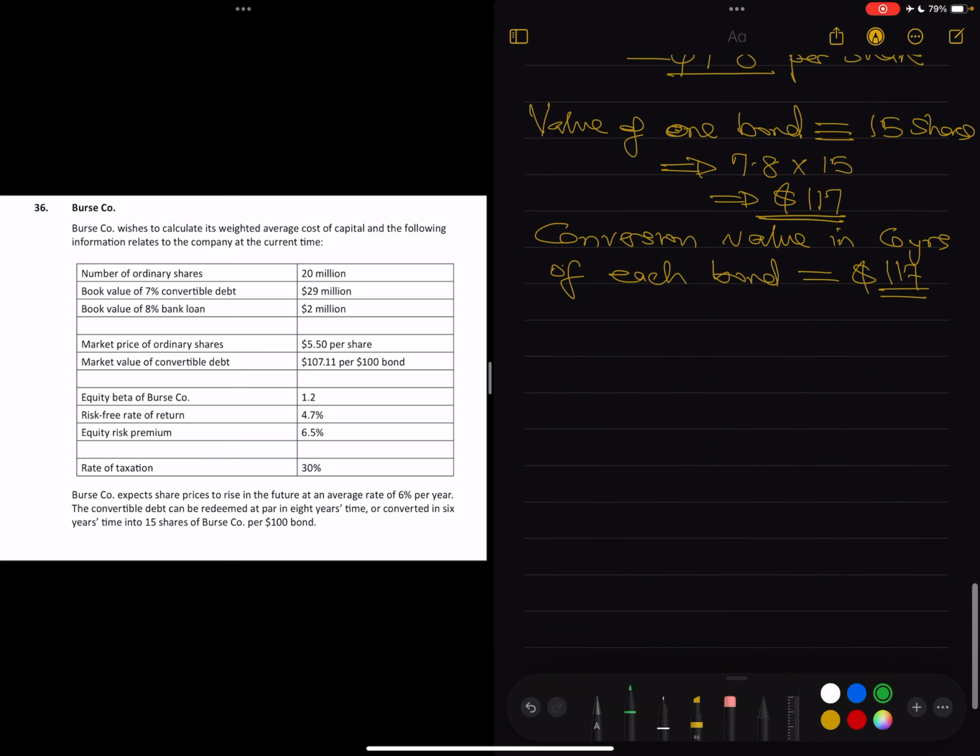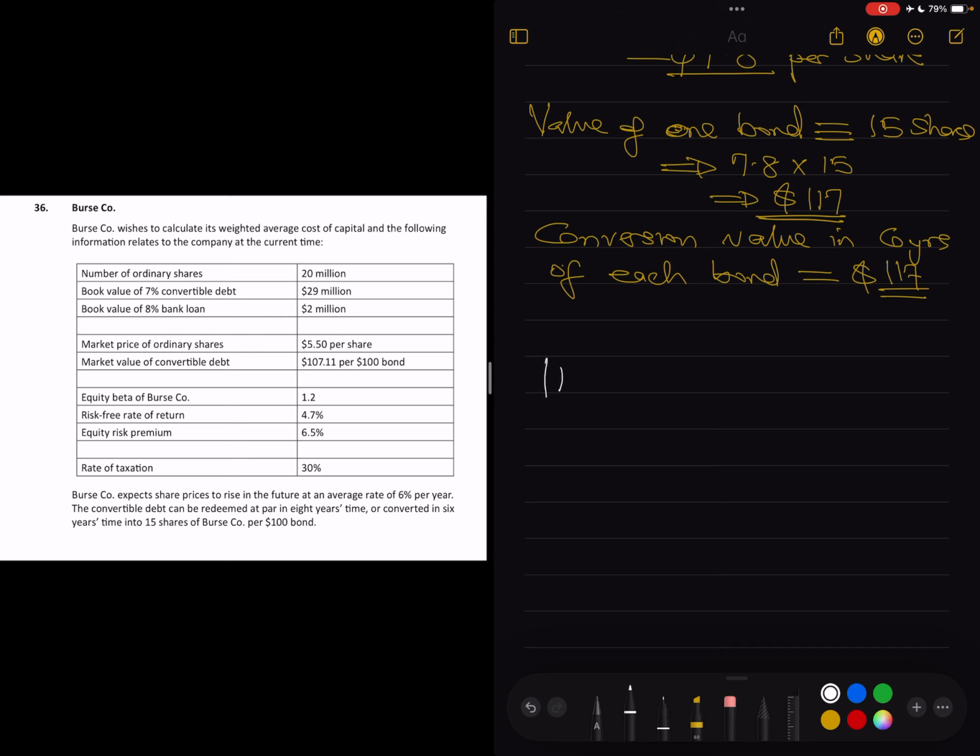Now, if you remember what I taught you in the last video, how to calculate IRR, always plot your cash flows in a constant way so that every time you are interested in calculating net present value, you are used to your style and you don't have to struggle, right?